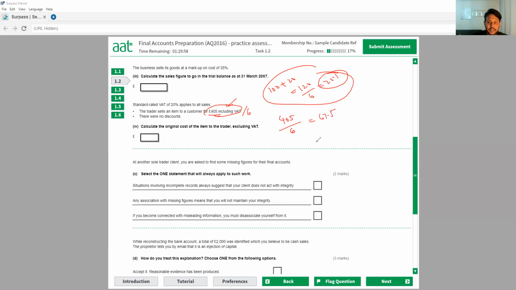If I take out the VAT, 405 minus 67.5, my net is 337.5.